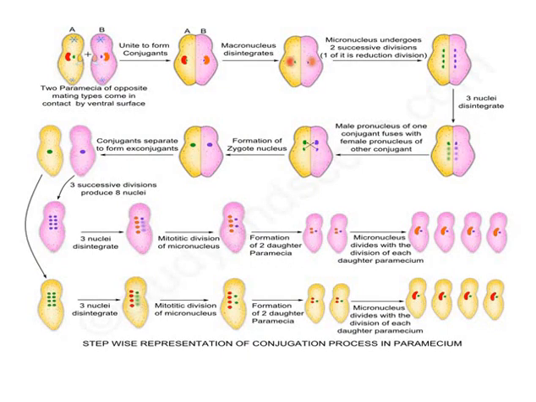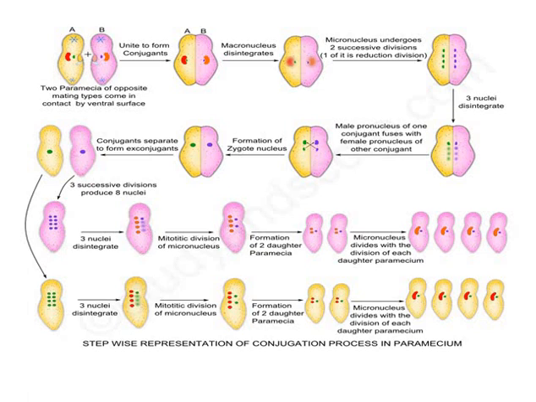So this is the conjugation process in Paramecium. Two Paramecia of opposite mating types come in contact by the ventral surface, that means A and B. You can see the diagram.